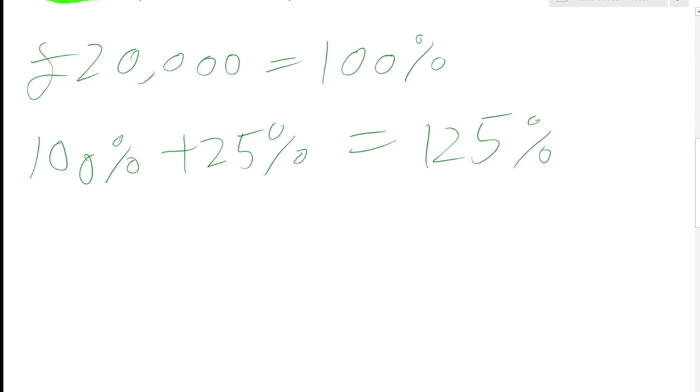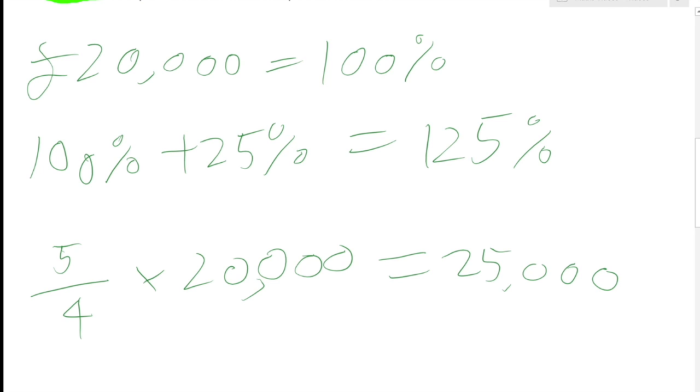So we can do 125 over 100 times our 20,000. The 125 over 100 simplifies to 5 over 4, or 1 plus 1 over 4. However you want to do it, 5 over 4 times 20,000 is still going to get you 25,000.